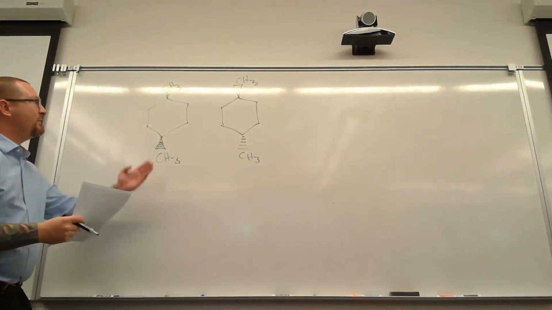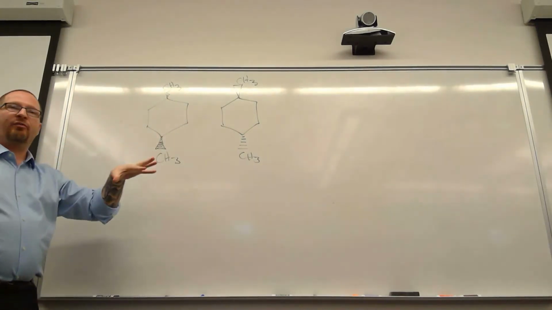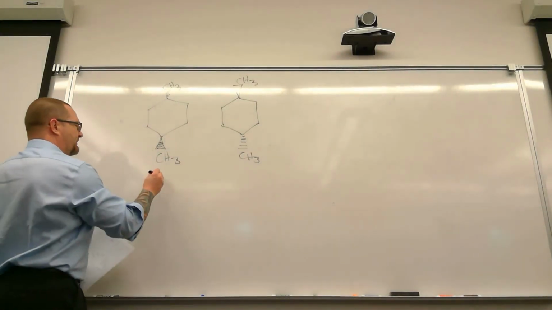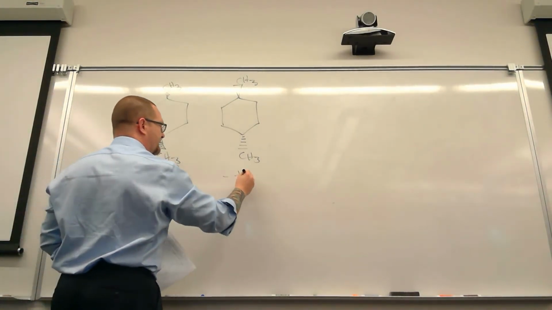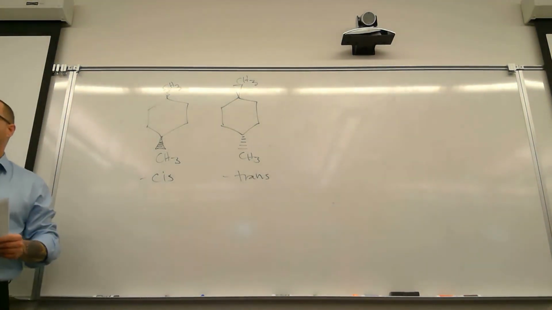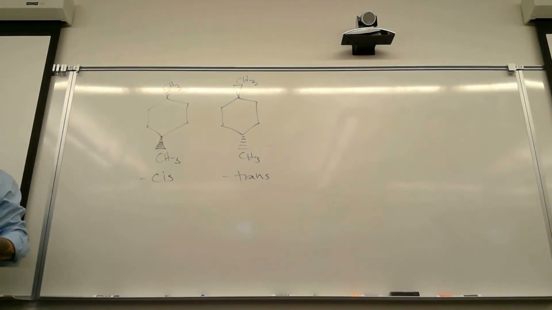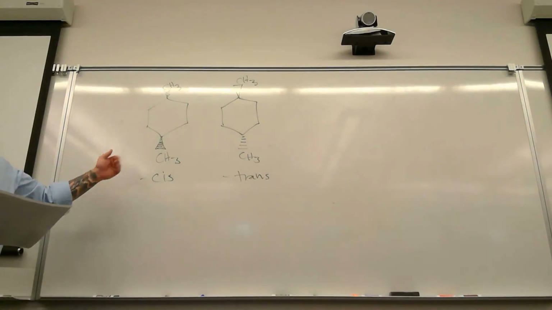When things are on the same side of the ring, because we have this plane, either above or below, this is called cis orientation. When they're on opposite sides, this is trans orientation. It only works when you have two things to compare. If we have a third thing, it becomes ambiguous. We'll have a different type of nomenclature for defining that. But for two, we can go cis and trans.